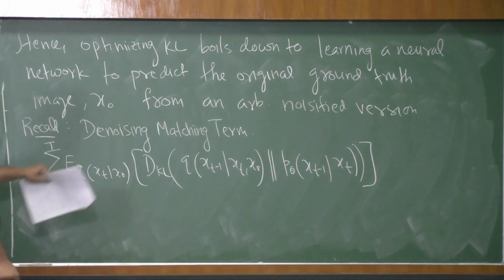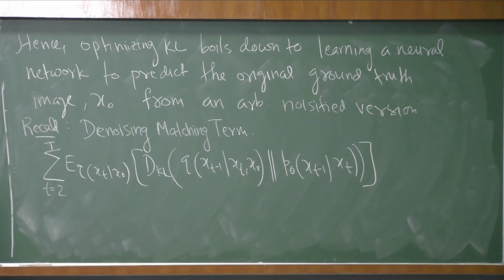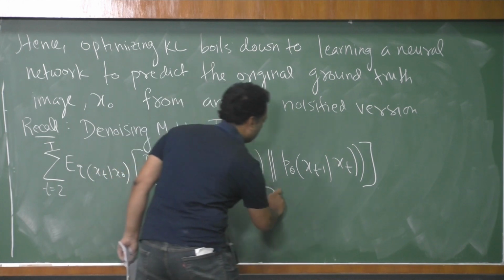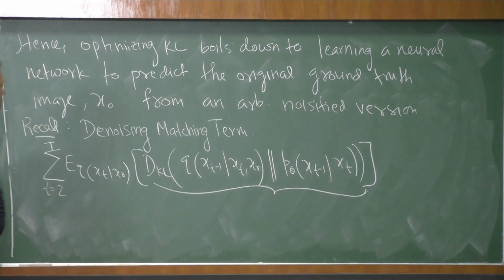So this is what we were trying to estimate, and what we wrote down until now is this term, the KL divergence between q and p theta, and we found out that doing so is equivalent to minimizing this, basically: x theta hat minus x naught.